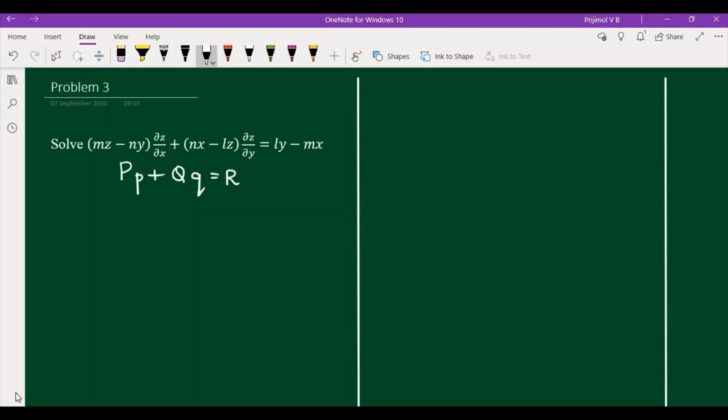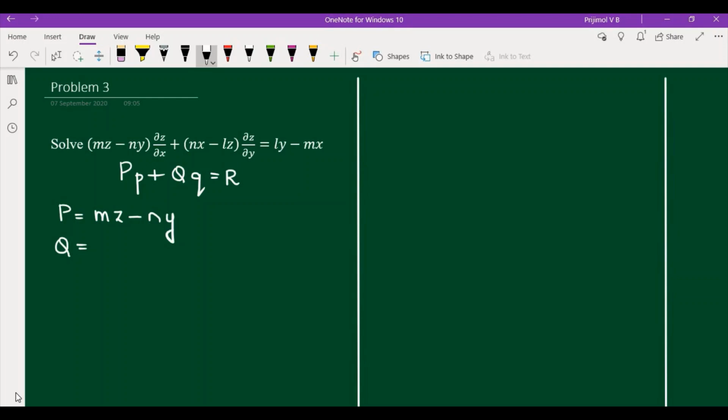Now comparing these two equations, we can write what is P, Q, R. Capital P is the coefficient of small p, that is the coefficient of dou z by dou x, which is mz minus ny. And capital Q is the coefficient of small q, that is dou z by dou y.